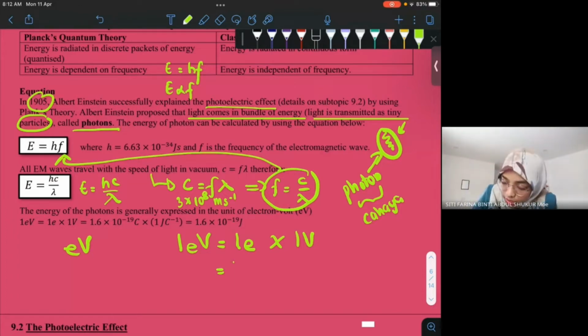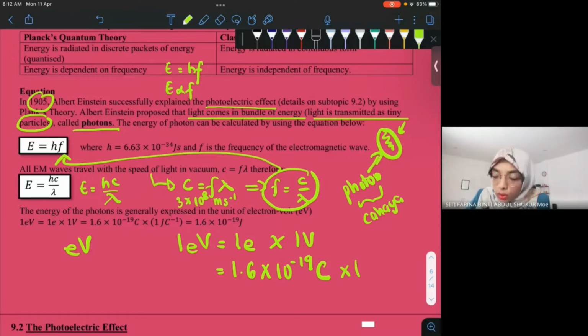And we know each electron has a charge of 1.6 × 10^-19 coulomb. This is the charge of the electron. And then we multiply with 1 volt. Volt is also equals to joule per coulomb. Then we multiply and the unit of the coulomb here cancels. So you will end up with 1.6 × 10^-19 joule.